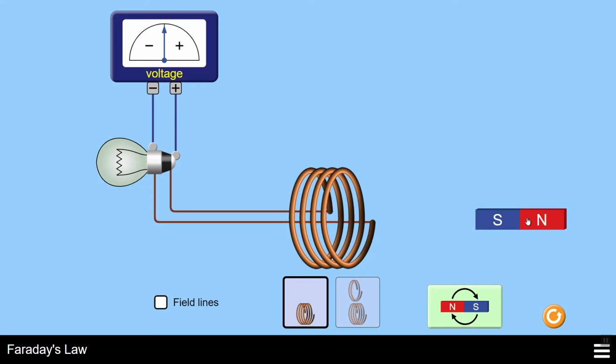You have observed that whenever I am getting close to the rings, the south face of the magnet is rotating the needle into the positive direction, positive voltage, and whenever I am within the rings itself, it is not showing any voltage.